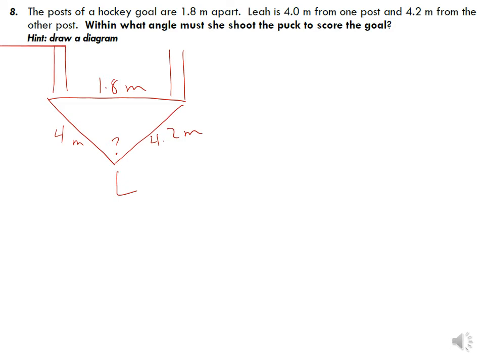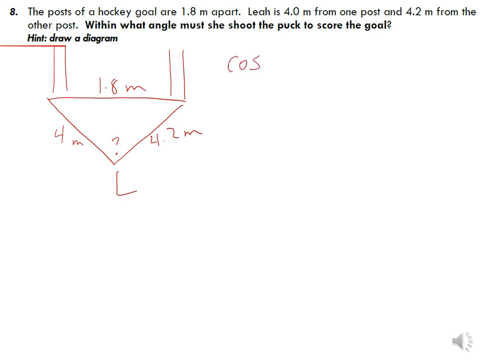So we could make our chart. However, we also know that whenever you have all three sides with no angles, and none of them are 90, you have to use cosine law. So we only have one choice.